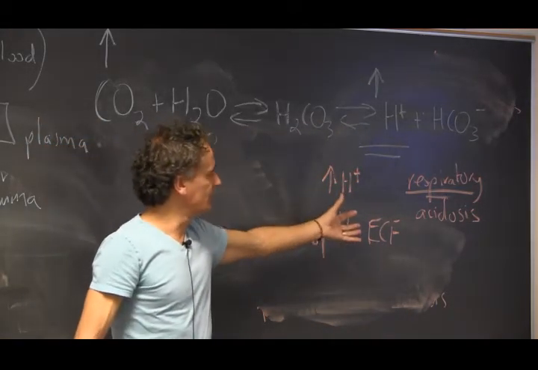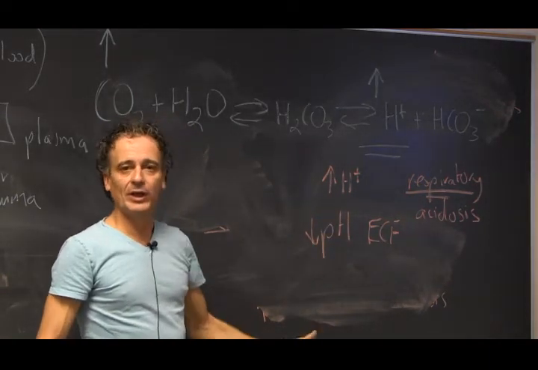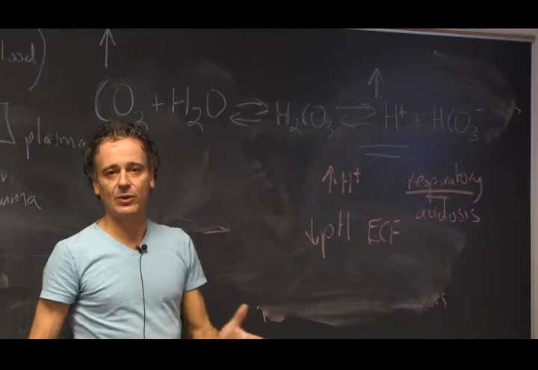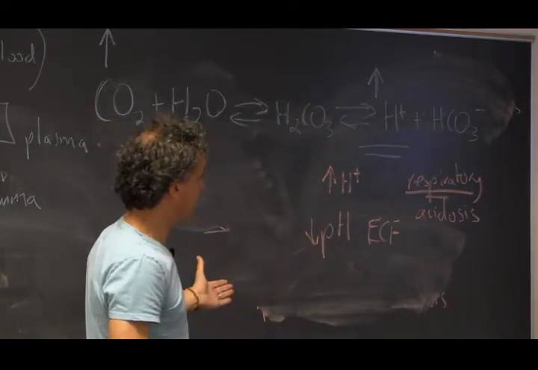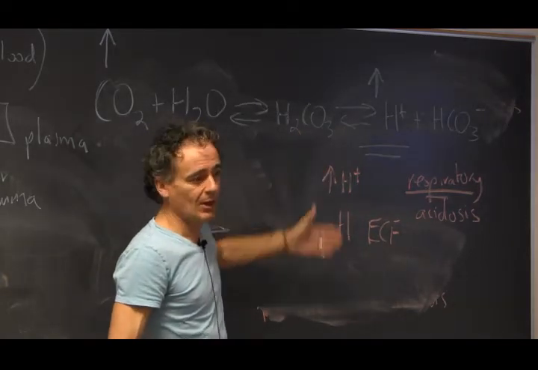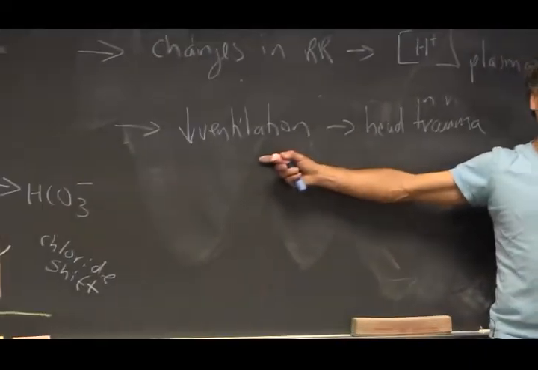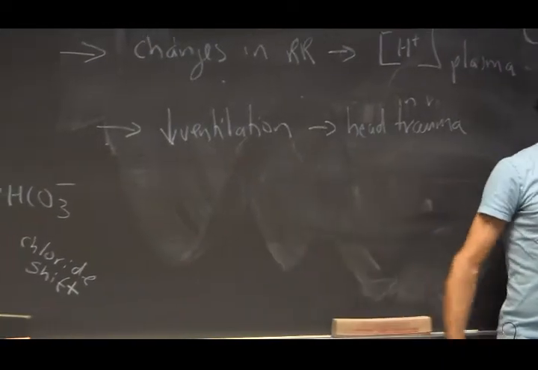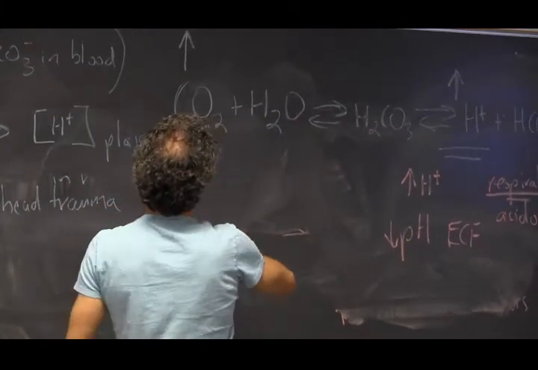Because the causes of the acidosis are respiratory in nature, we can't use the respiratory system as a way to compensate. So therefore, the only way to compensate for this is to have the kidney try to get rid of some of these hydrogens, or to address the source of the problem and get this person breathing again. Because if we get this person breathing again, we reduce the levels of CO2.